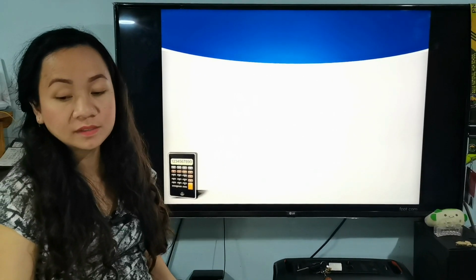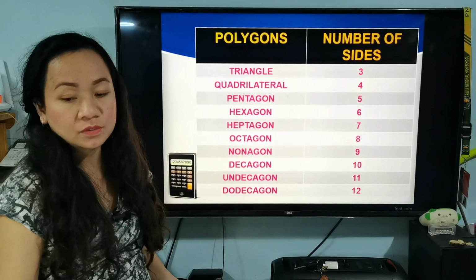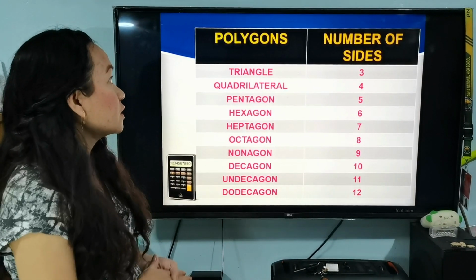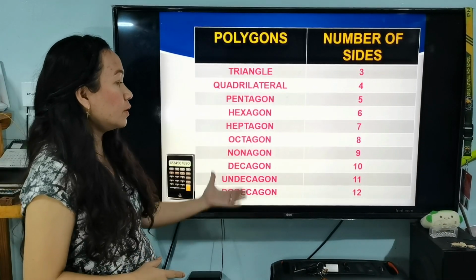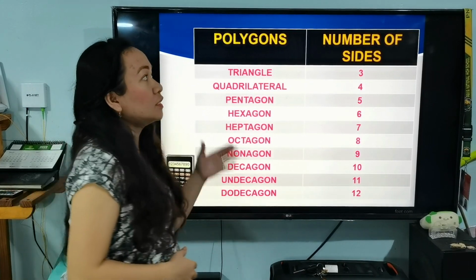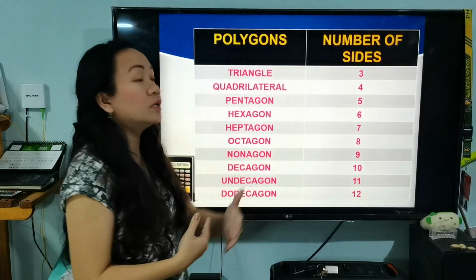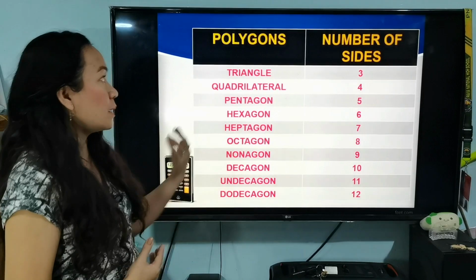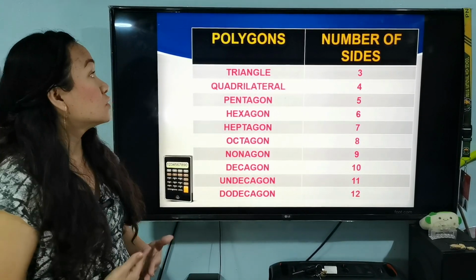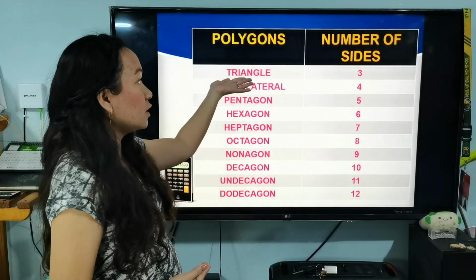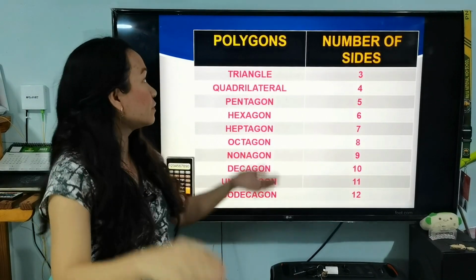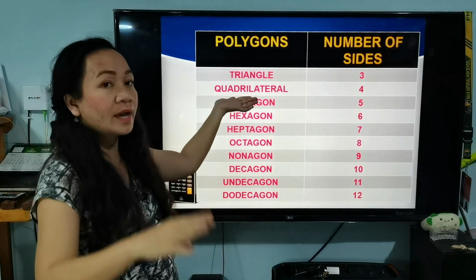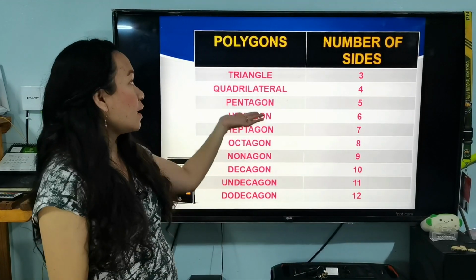So let's proceed to the polygons. The first column is the polygons. On our second column, the number of sides corresponding to each polygon. So, of course, a triangle has 3 sides. Quadrilateral, 4 sides.